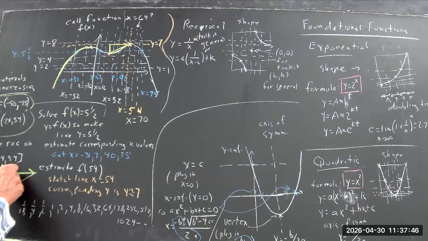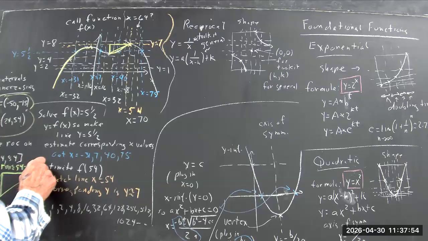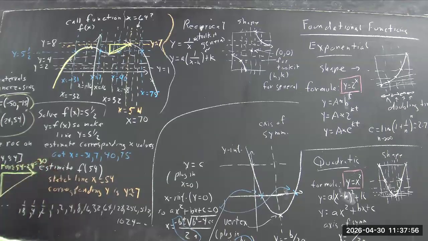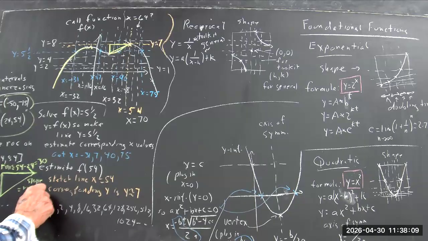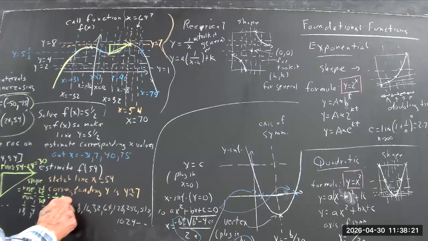Run is about 54 minus 24, which is 30. Slope is rise over run, which is 2.5 over 30, which equals 1/12.